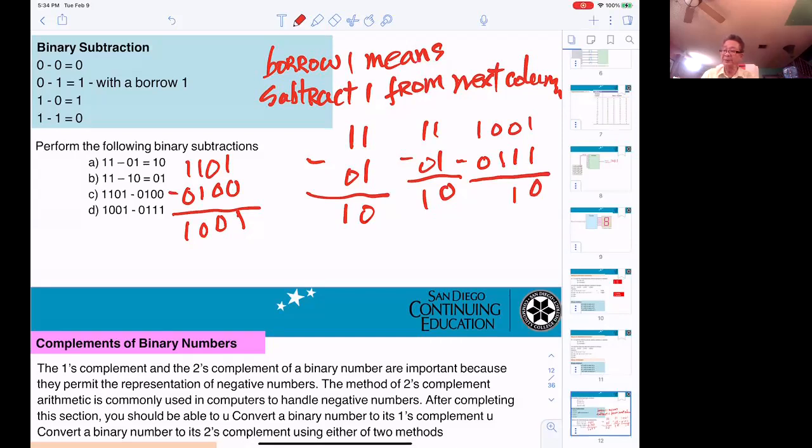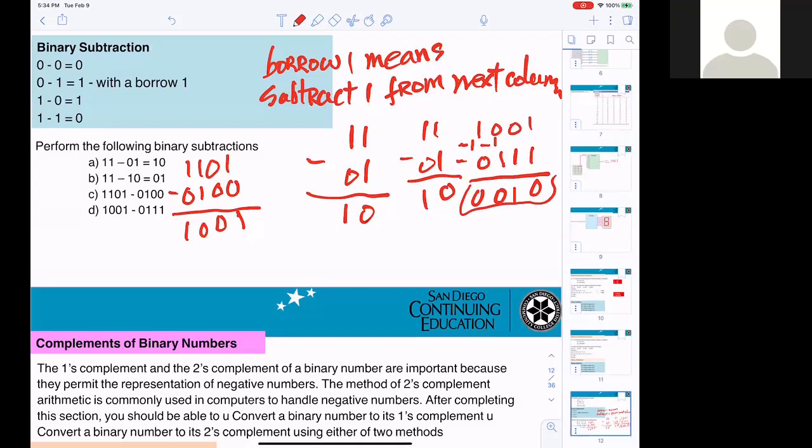That means you subtract 1 here. 0 minus 1, you get a 1, still borrow 1. Then 1 minus 1, you get a 0. Borrow 1 means you still minus 1 here. 1 minus 1, you get a 0. 0 minus 0, you get a 0. So the answer will be 0 0 1 0.